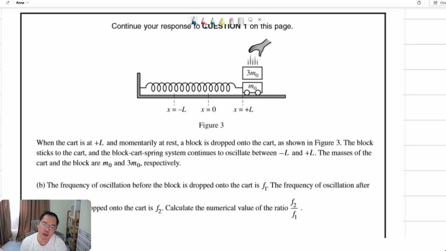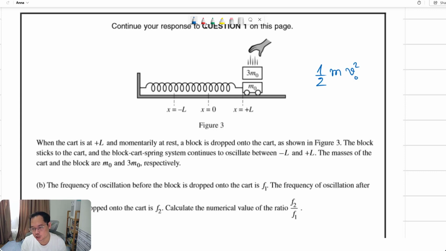There's no energy going in or out of the system, and we assume that the energy of this system is the same. But because the mass of the system has now changed from m0 to m0 plus 3m0, which is 4m0, the speed of the oscillation must decrease so that the kinetic energy will be the same. For example, we have the initial velocity v0 squared.